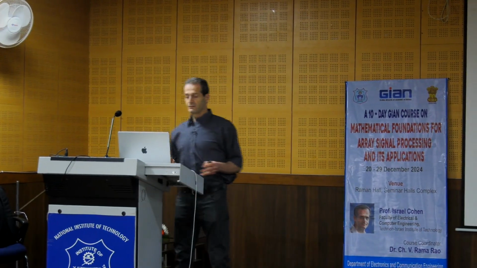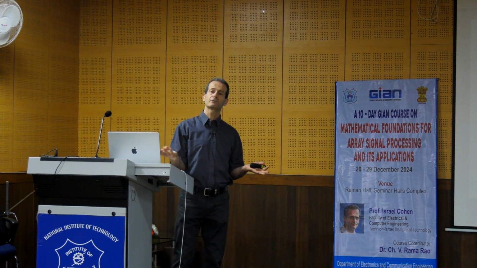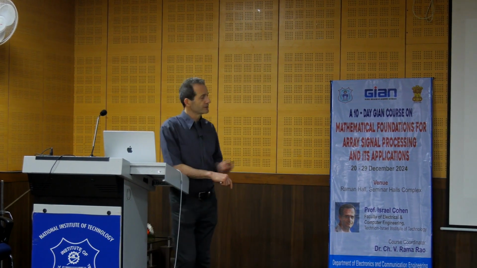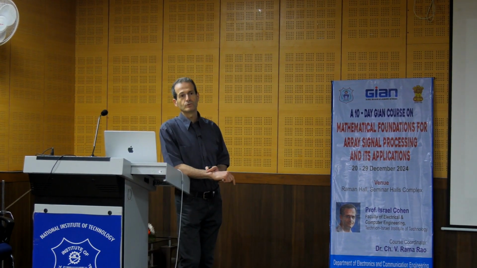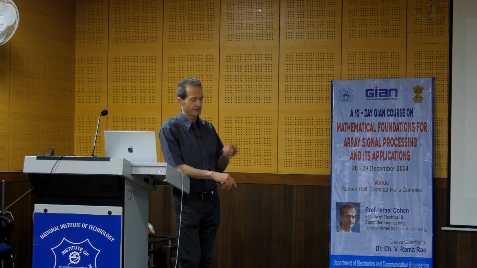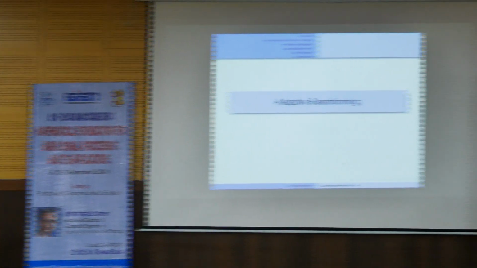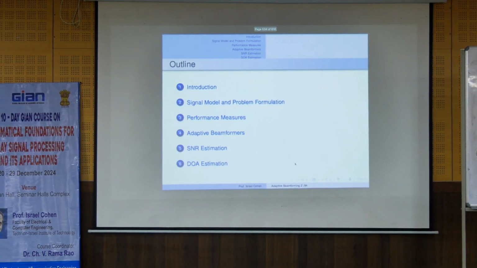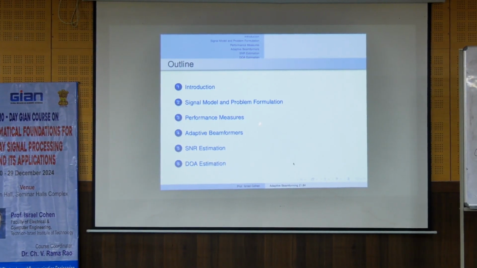So this part, you know, we don't have much time, but we don't need much time, because everything that I'm going to present here, you already know. Because you know the difference. Okay, so if we continue here, we have the signal model, performance measures, the adaptive beamformers, which in the multi-channel signal enhancement we call optimal filters. So here we call them adaptive beamformers.